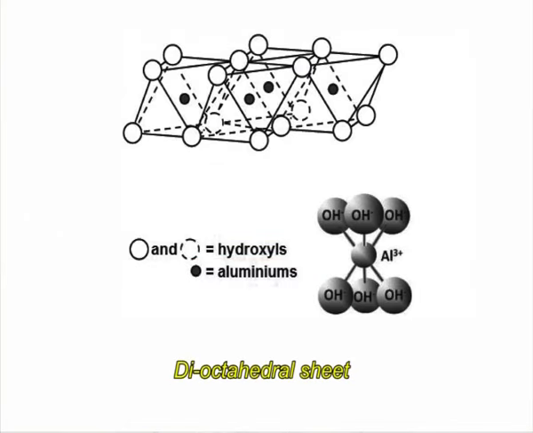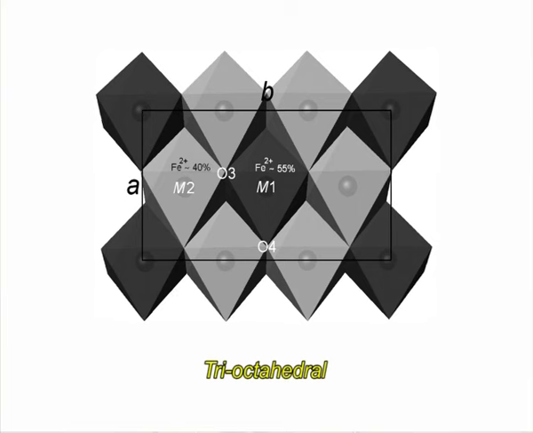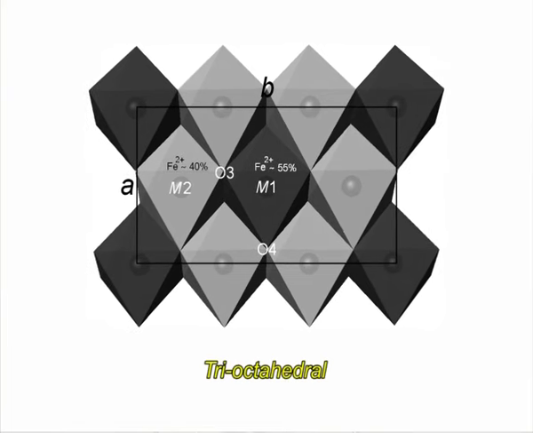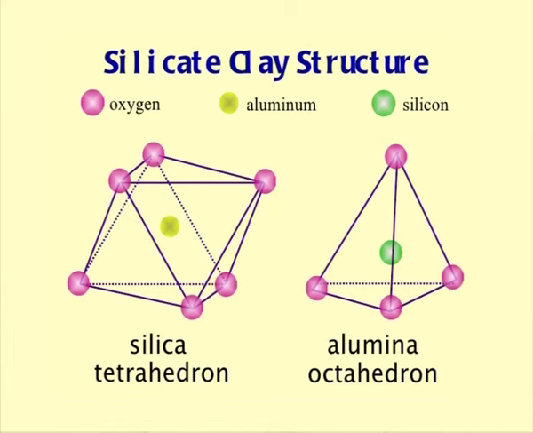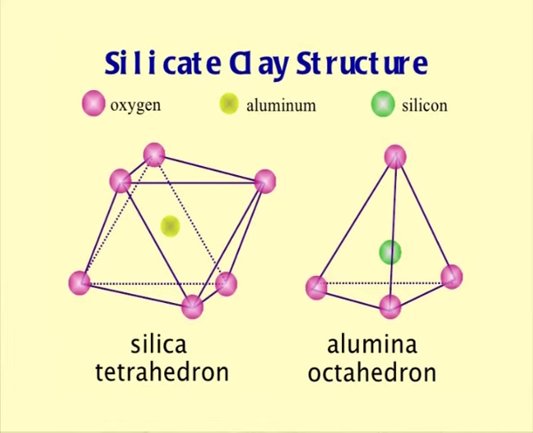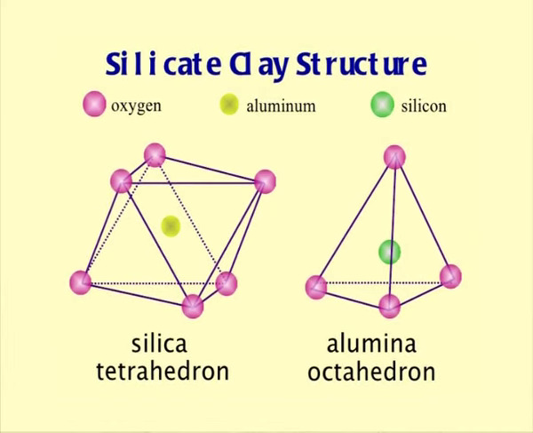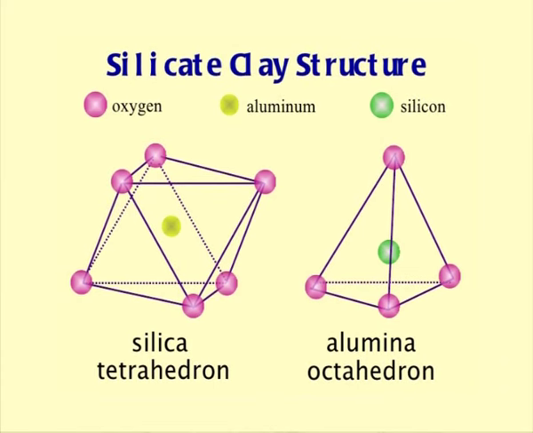An aluminium dominated sheet is known as dioctahedral sheet, whereas one dominated by magnesium is called trioctahedral sheet. The tetrahedral and octahedral sheets are the fundamental structural units of silicate clays.